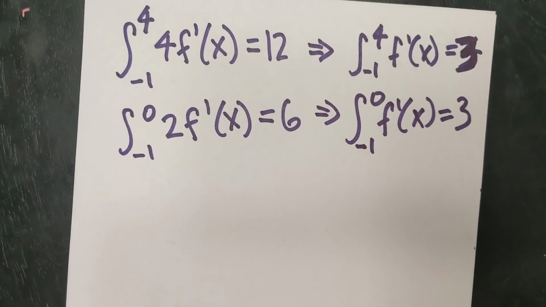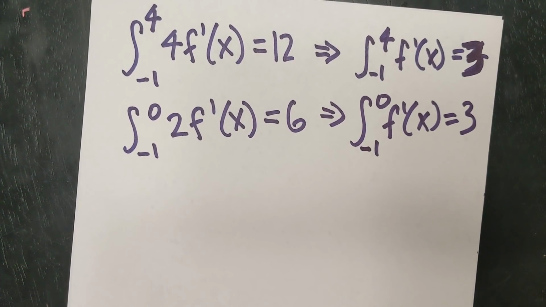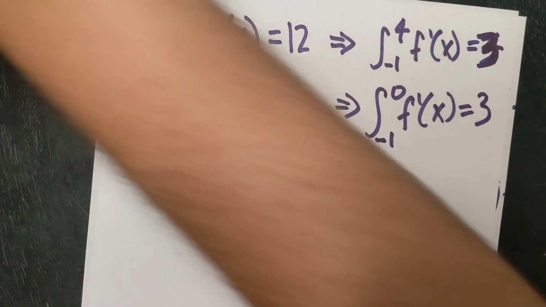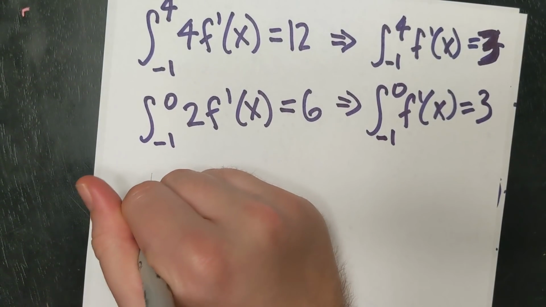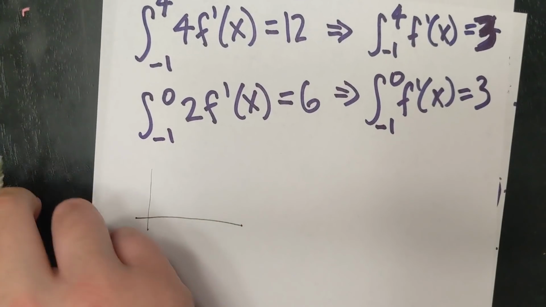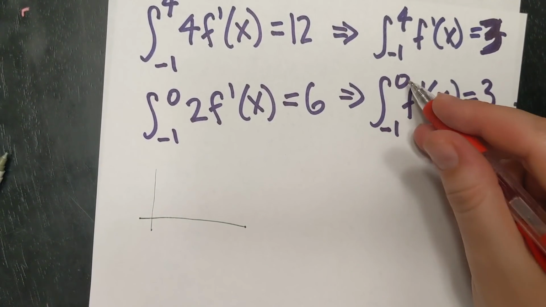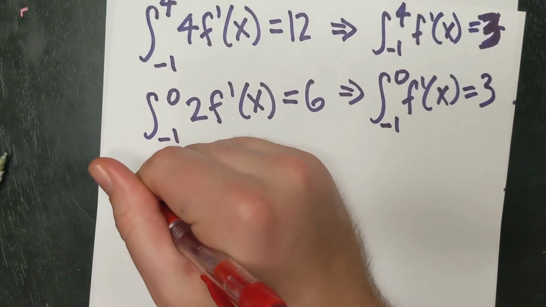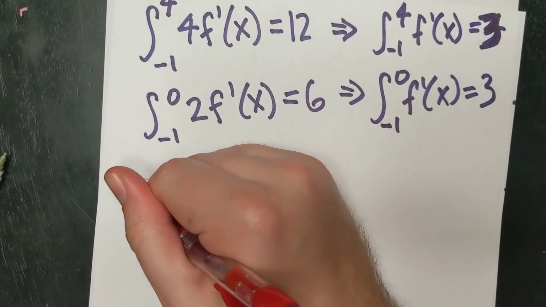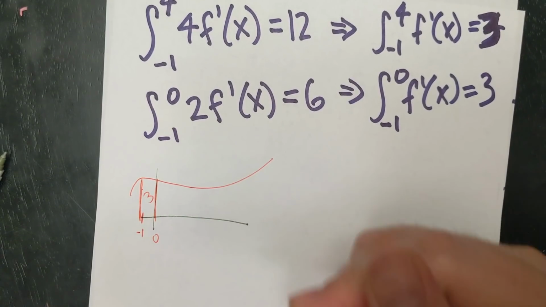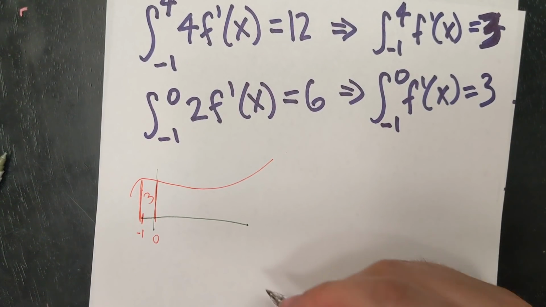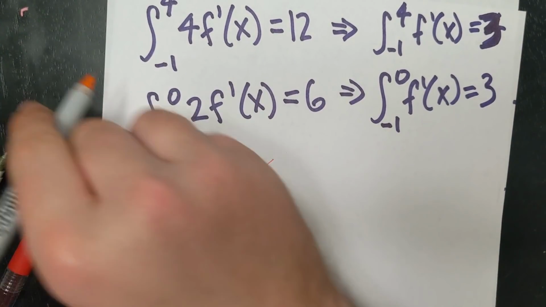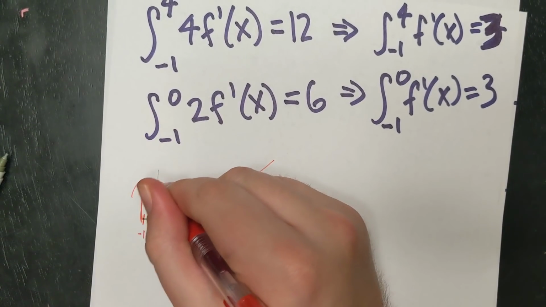Okay. Now I want to know what is the area from 0 to 4. And maybe a little picture will help. I have some area from -1 to 0, and I know this area is 3.